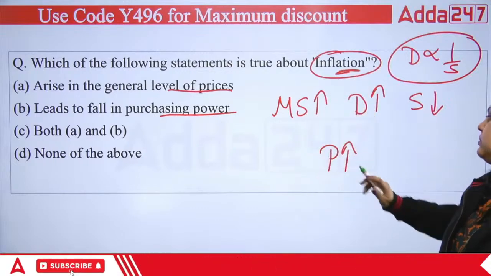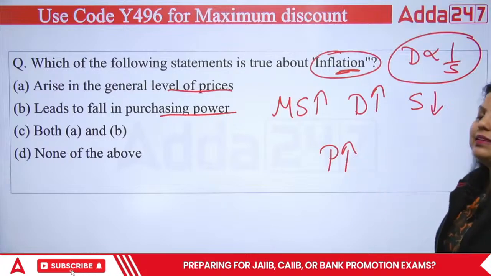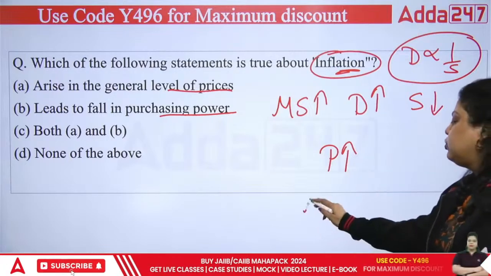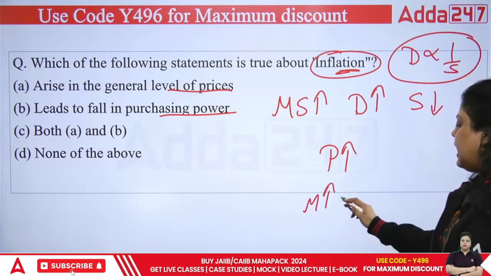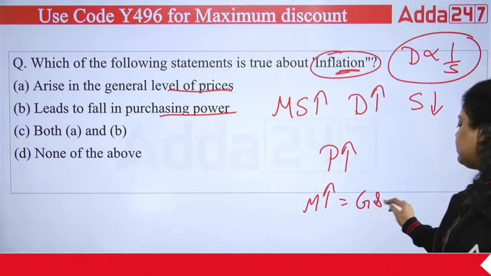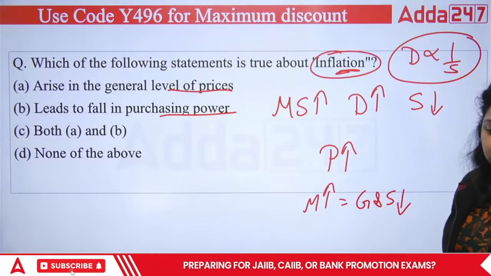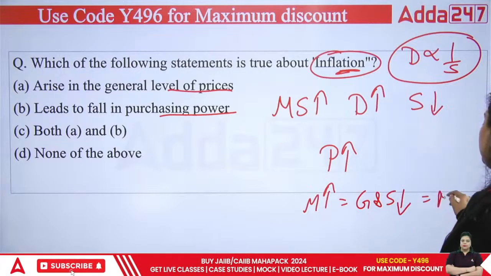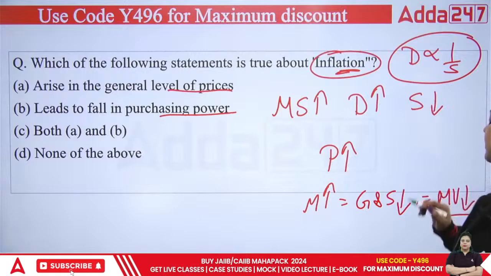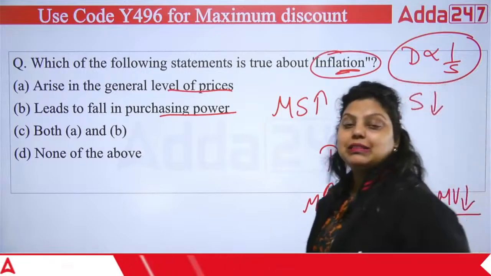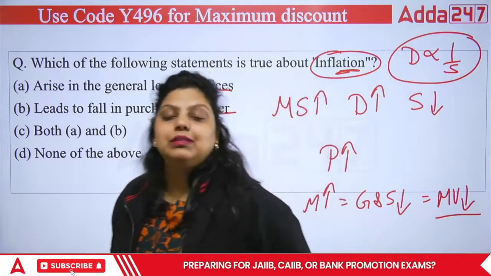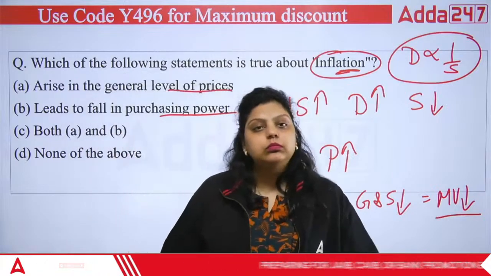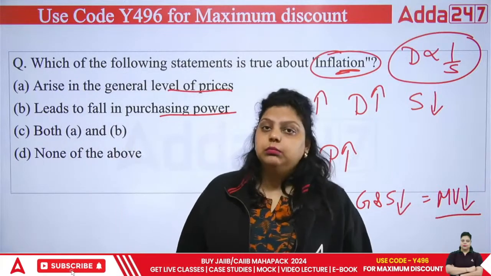Okay, after this, what happens when the prices are increasing? You have to pay more money, and for more money, you will get fewer goods and services. So you are paying more money to get fewer goods and services. It means your money value is decreasing. What is money value? The purchasing power or the purchasing capacity of money is simply your money value.